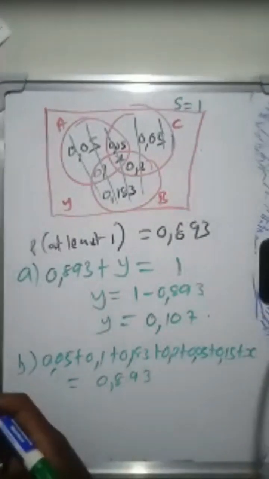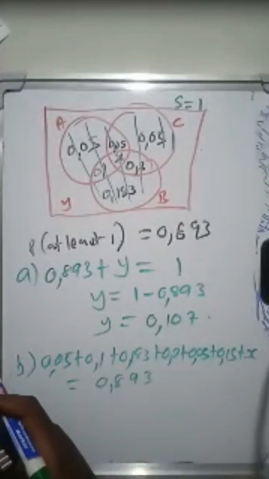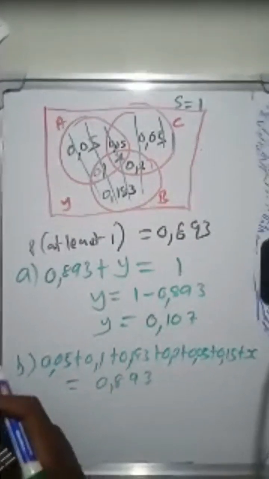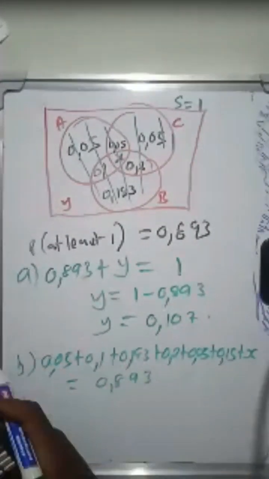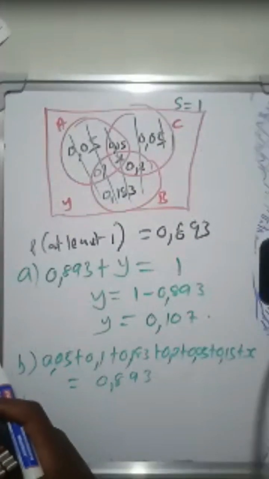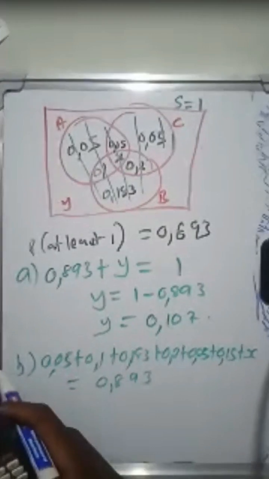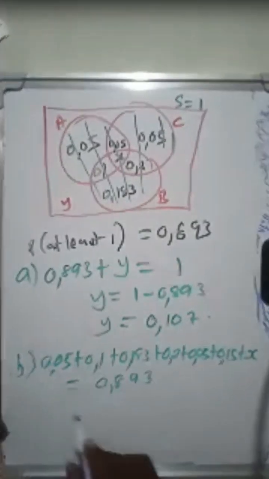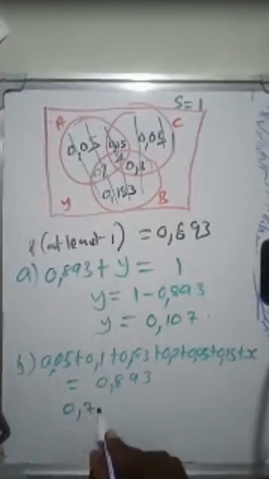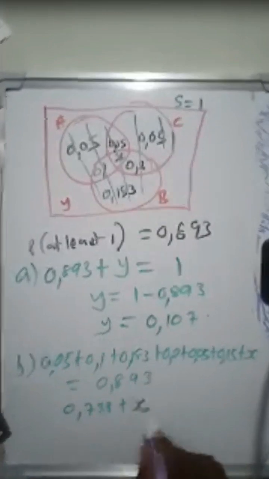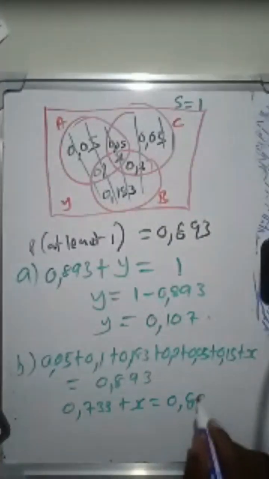So if we add these probabilities, what do we get? 0.05 plus 0.1 plus 0.183 plus 0.2 plus 0.05 again plus 0.15. We get 0.733 plus x is equal to 0.893.